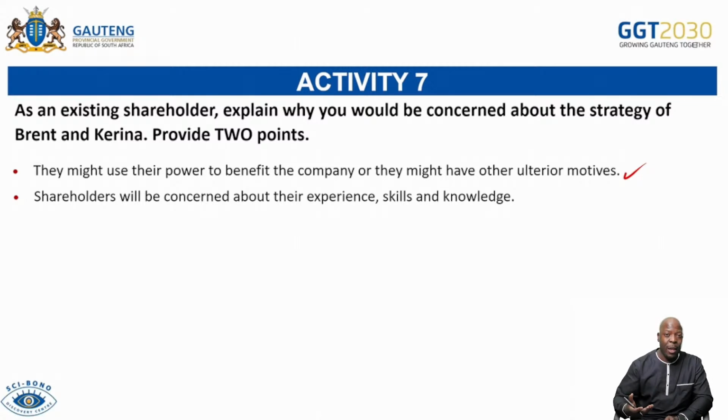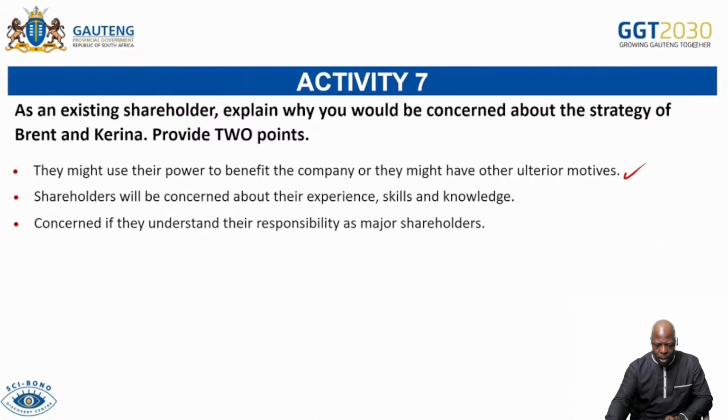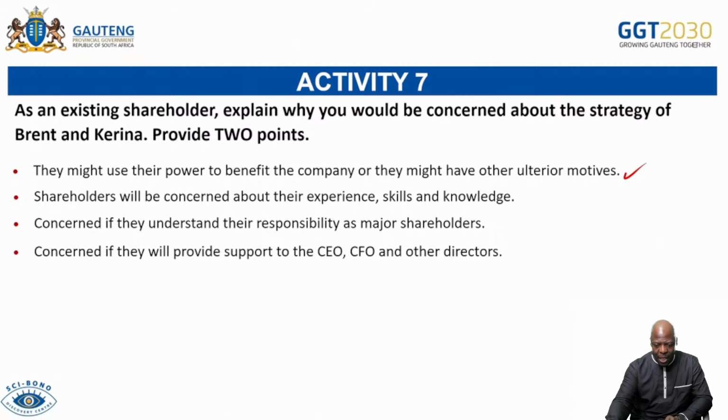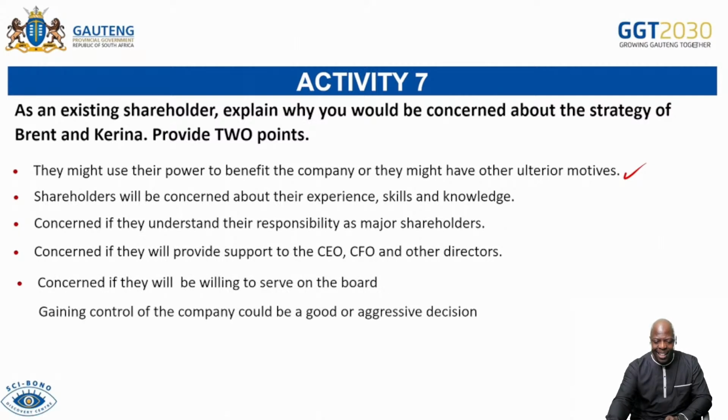If they are less experienced or do not have the experience at all, that should be a major concern for shareholders. I'll be concerned if they understand their responsibility as major shareholders, if they'll provide support to the CEO, CFO, and other directors, and if they'll be willing to serve on the board. Gaining control of the company could be a good or an aggressive decision.